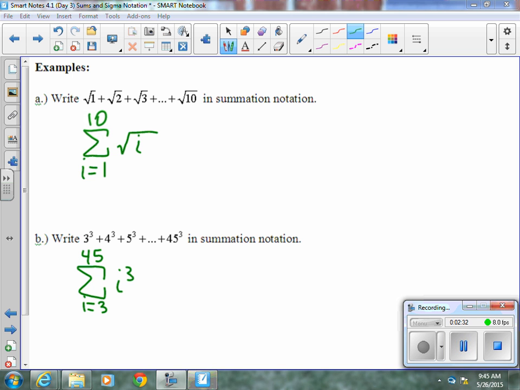It could also be the sigma notation of (i + 2) cubed from 1 to 43. Whichever way you want to handle it is fine. Eventually, we're going to get some formulas that make it easier if there's a 1 on the bottom, but for now, writing them in that notation, it does not necessarily have to start at a 1.